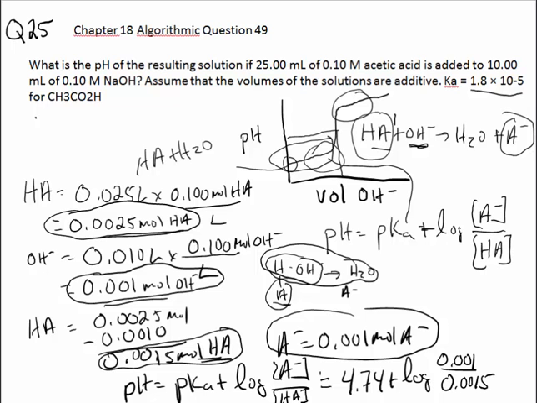Now I realize this is difficult to see, but I've just finished this calculation out here. So this is the pKa. It's just minus the log of that Ka, and that's 4.74. And then that's the A minus amount and that's the HA amount.